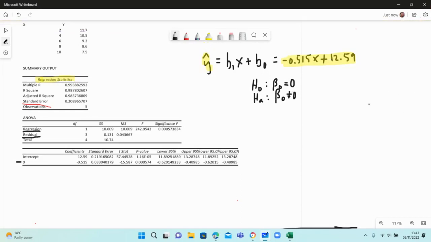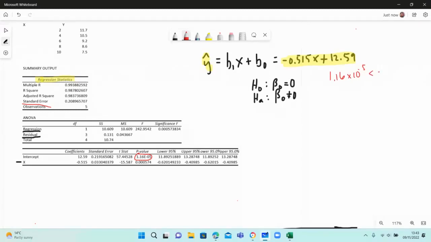The p-value for the intercept is 1.16 times 10 to the negative fifth.